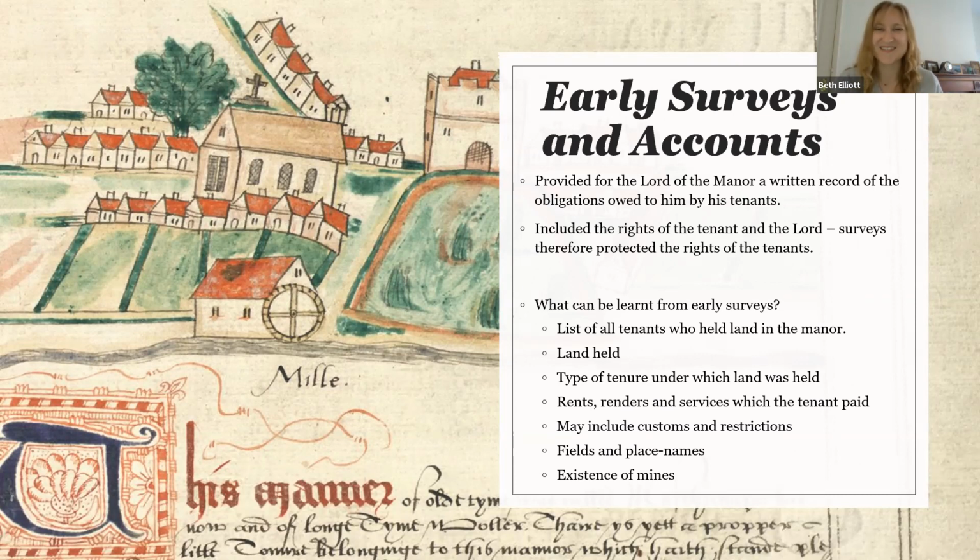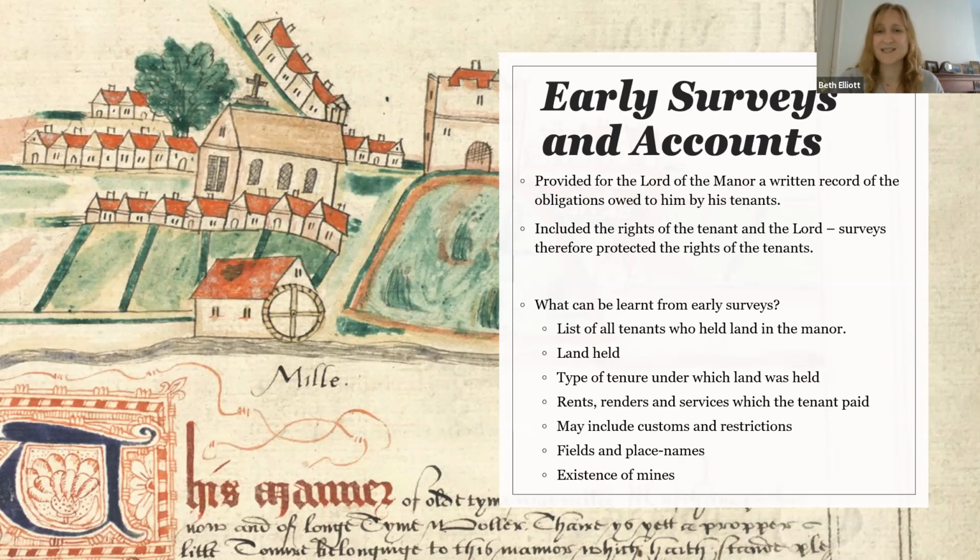So I'm going to start out with surveys and accounts. When we're talking about surveys and accounts as a whole, there's just a massive wealth of information that you can gain from these. Again, I'll talk you through how these change, because obviously there are different time periods, and we might get emphasis on different areas.